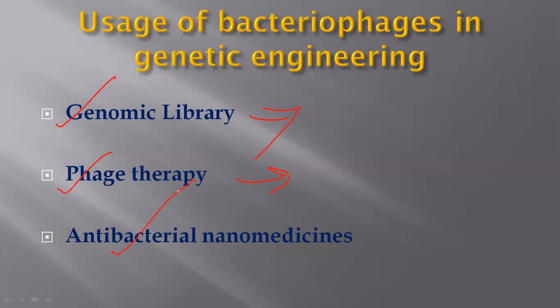The next was antibacterial nanomedicines. They have been used as tools for different purposes for many years, but now antibacterial nanomedicines enter the body in medicine form and can be formulated as targeted drug delivery vehicles.